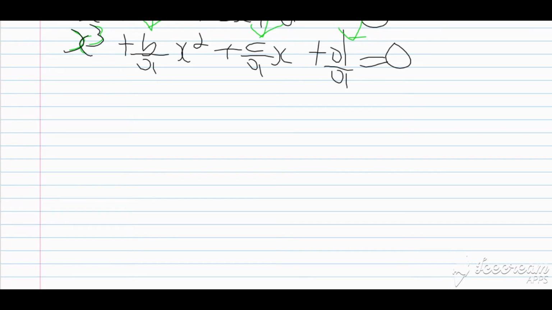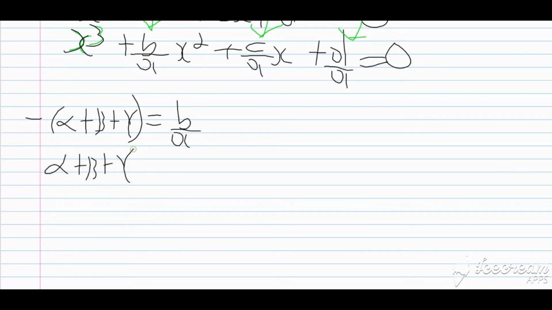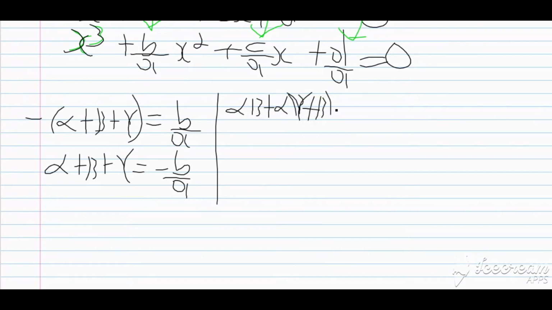We realize that the sum of the roots, which is negative of alpha plus beta plus gamma, is equal to b over a, which means we can say that alpha plus beta plus gamma is equal to negative b over a. Pairwise, which is the coefficient of x, the sum pairwise, alpha beta plus alpha gamma plus beta gamma, would be equal to the coefficient down here, which is c over a.